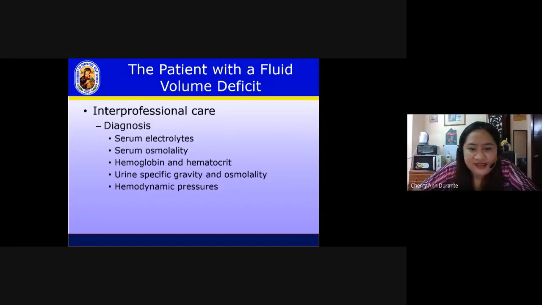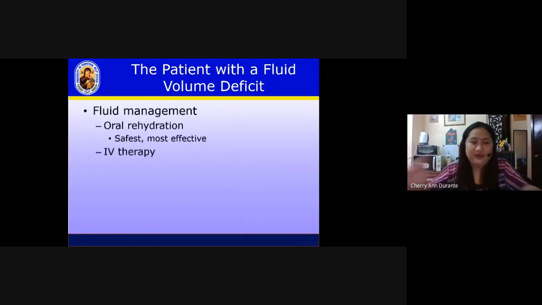Okay. Next, let's continue. Fluid management. So, what do we do with patients with fluid volume deficit? So, as I've said, you need to replace that. So, re-replace mo. Oral rehydration. Kaya meron ka namang Orisol, oral rehydration solution.